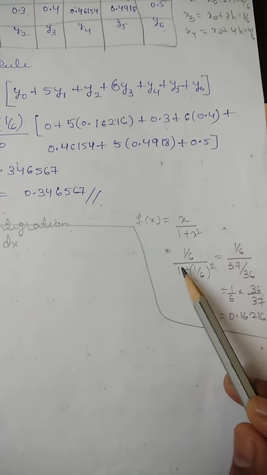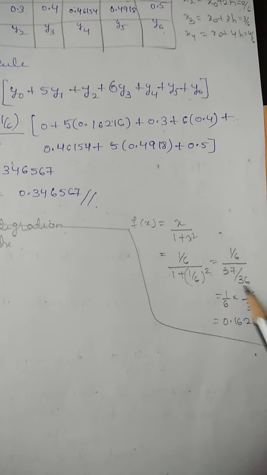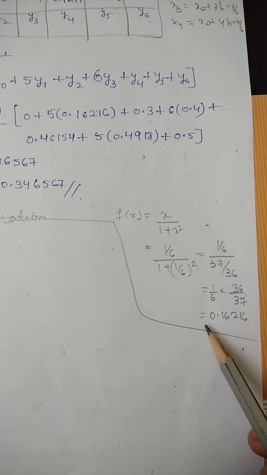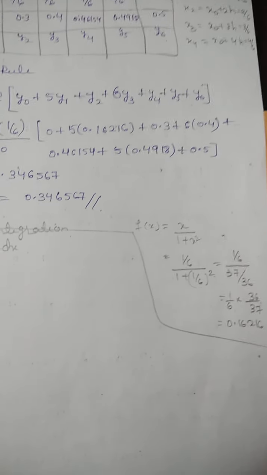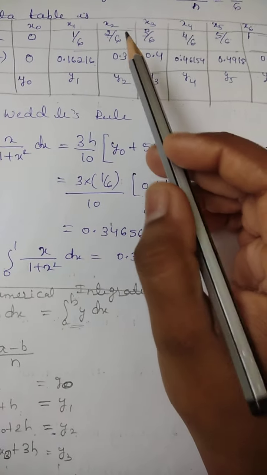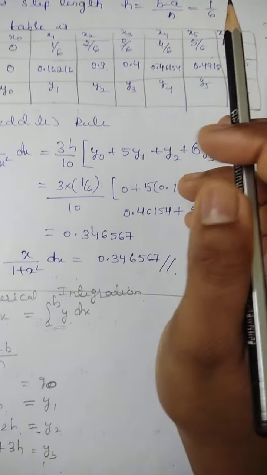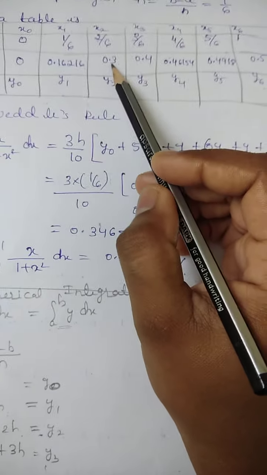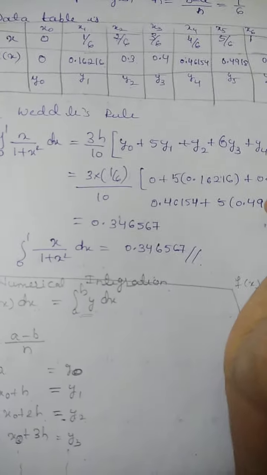Cross multiply: 36 plus 1 will be 37 upon 36. When you take it to the numerator, it will be 36 by 37. We are getting 0.16216. This way we have to find the value of y using the values of x1, x2, x3 and so on up to x6, and fill in this second row. Similarly, you have to find the values of y2 until y6.